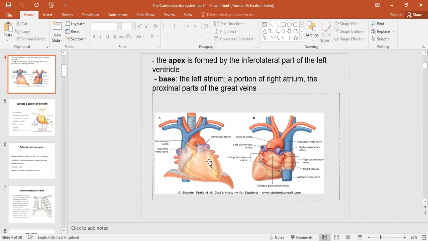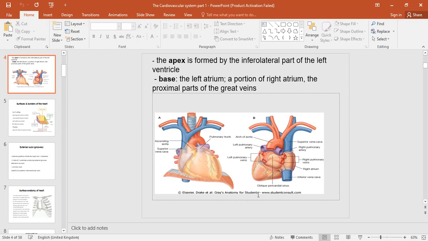Then the left coronary artery sends an anterior interventricular artery, which is seen here. What is accompanying the anterior interventricular artery is the great cardiac vein. So there is a great cardiac vein seen in blue. Here is a small cardiac vein.